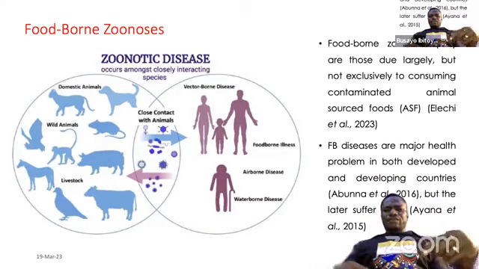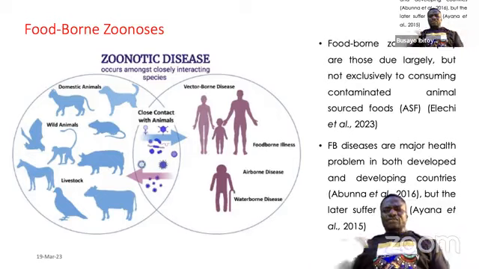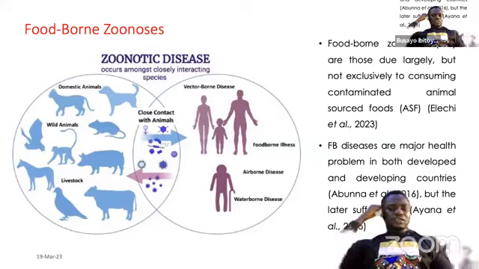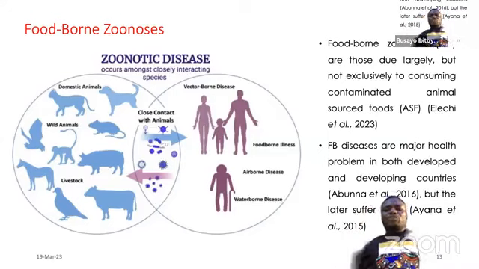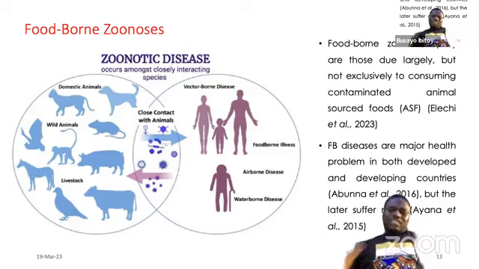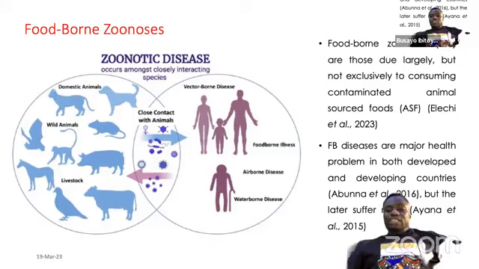And again, foodborne diseases are major health problems, not only in developing countries, but also in the developed world. It is not an issue of one or the other, it is a cosmopolitan problem.